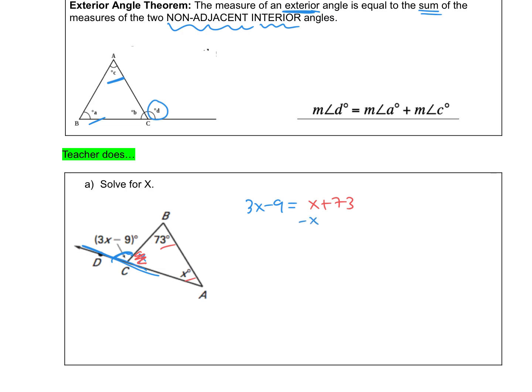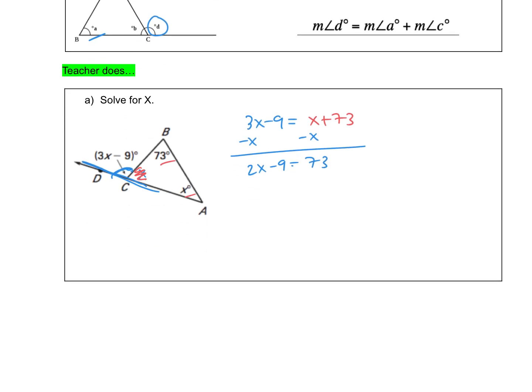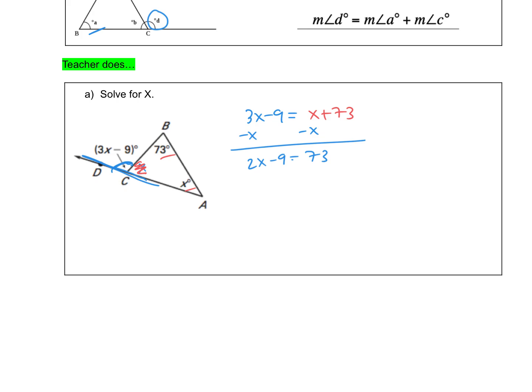And then we just solve from there like normal. So I can subtract x. So I get 2x subtract 9 equals 73. If I add 9, I get 2x equals 82. And dividing by 2 then gives us x is equal to 41.